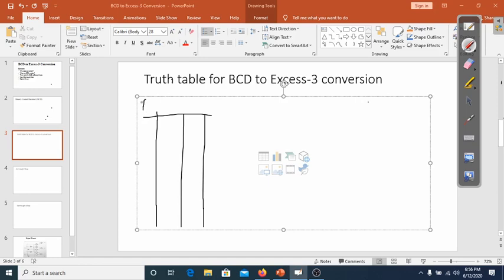This is A, this is B, this is C, and this is D. So these are the BCD number, and this is the input I will use as input.